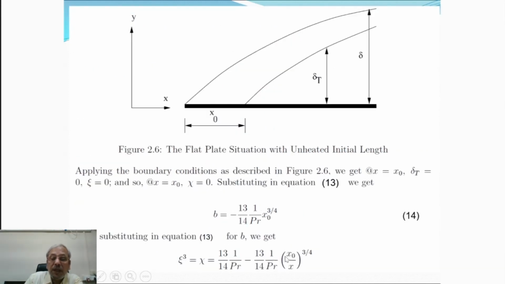So this is b, and x to the power minus 3 by 4 we bring here. So this becomes the expression for chi, and chi equal to basically zeta cube.